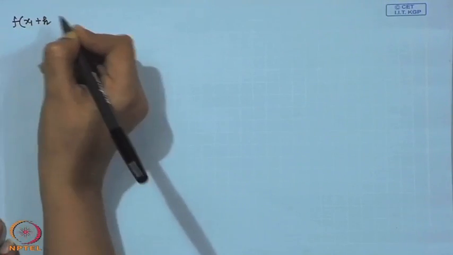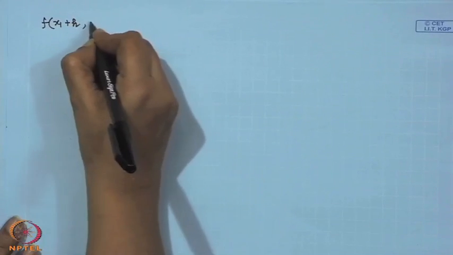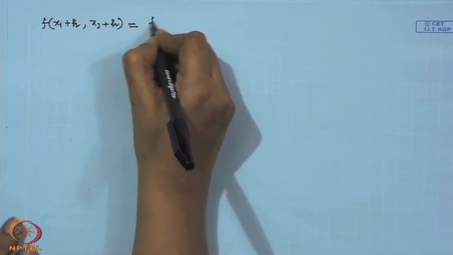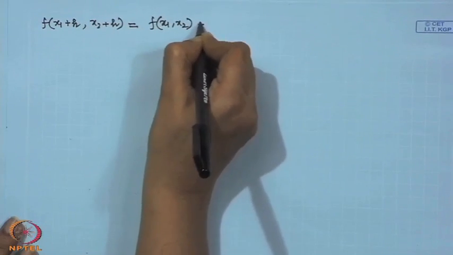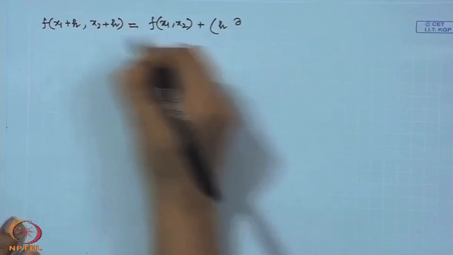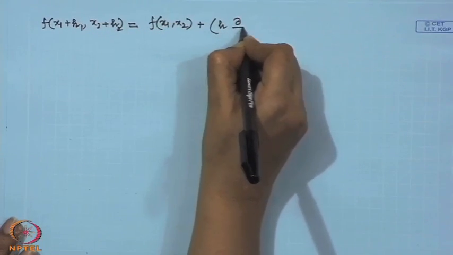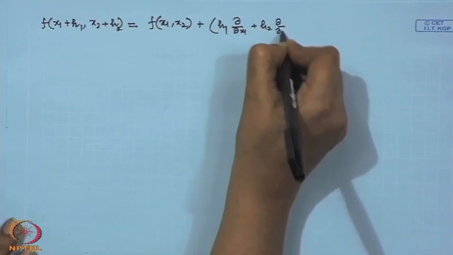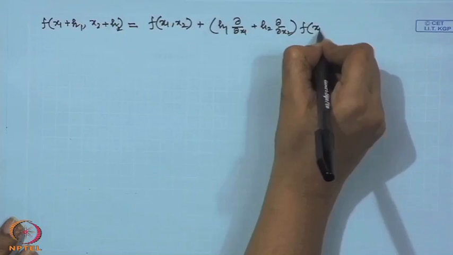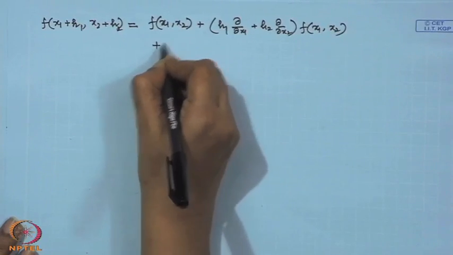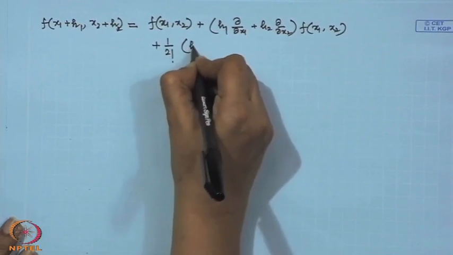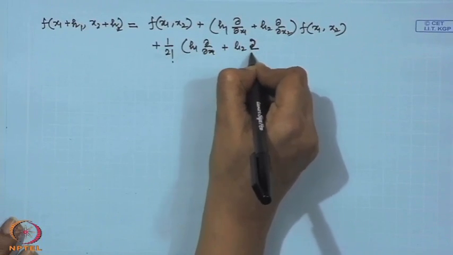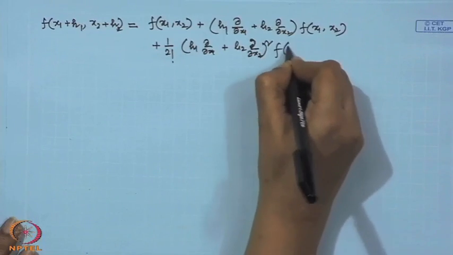If I want to consider f of x1 plus h1, x2 plus h2, in Taylor's form this would be equal to f of x1, x2 plus, let me consider two increments h1 and h2, h1 del x1 plus h2 del x2 of f of x1, x2, and the third term would be 1 by 2 factorial times h1 del x1 plus h2 del x2 whole square of f of x1, x2.